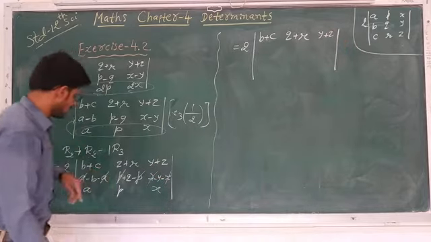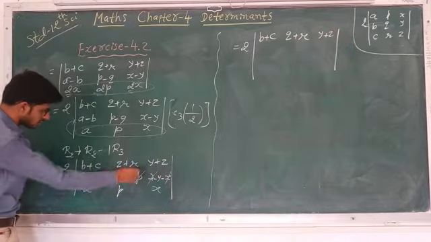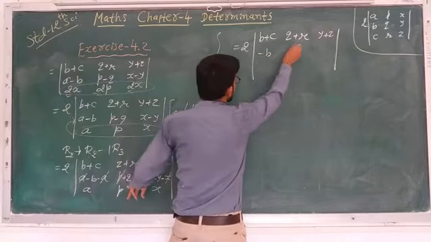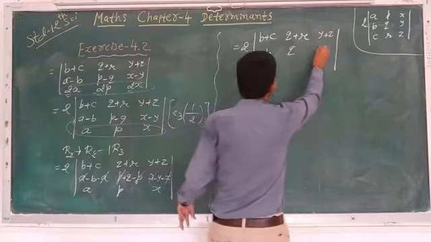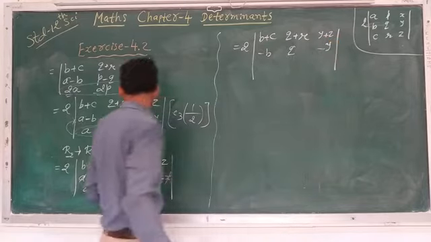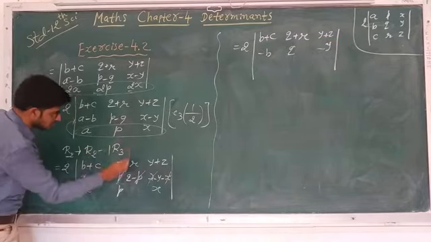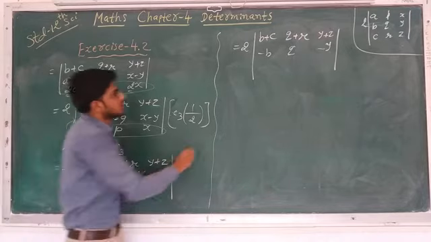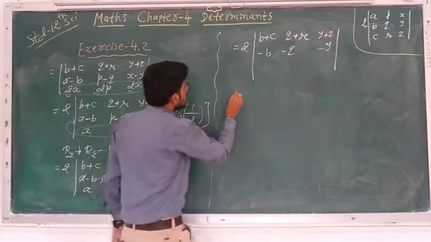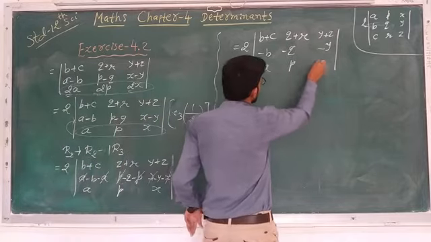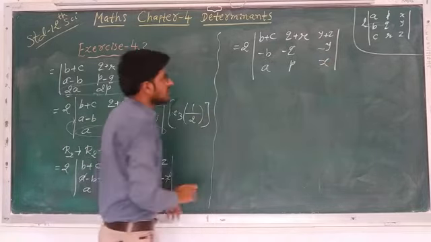The second row, after cancellation of these terms, we can write as minus b, minus q, minus y. Sorry, here there will be one change: here not plus q, it is p minus q, so we write minus q. And the third row is a, p, x. Okay. What is the next step?